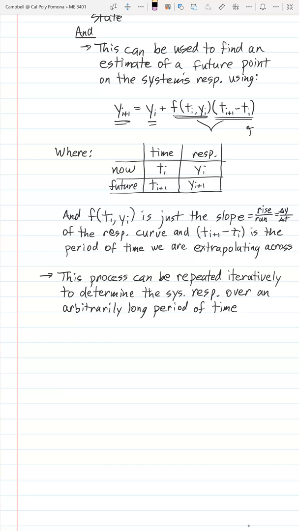But again, if this is all in the virtual world, where you're trying to figure out what some kind of motorcycle might do based on some kind of input, like going over a rough road, and this is all being done virtually, there's no way for you to check in and see what's happening with the real solution. So understand that in some cases you can check back in with the system and reset whatever error propagation issues you're having. Other times you can't. So the process can be repeated iteratively to determine the system response over however long, at least in theory.